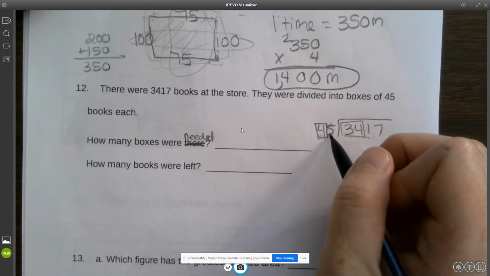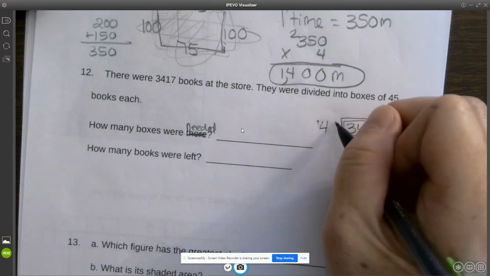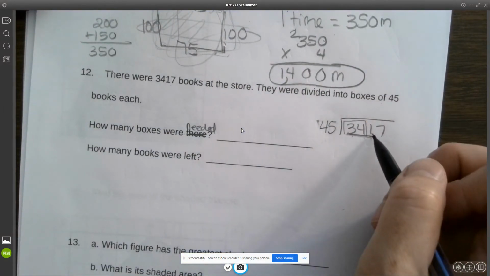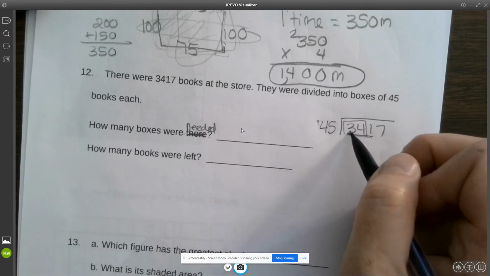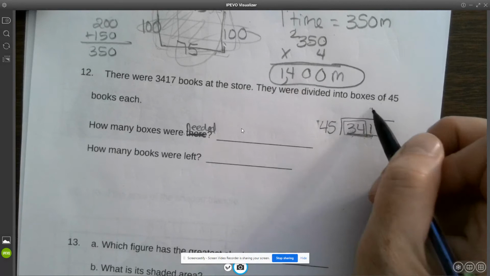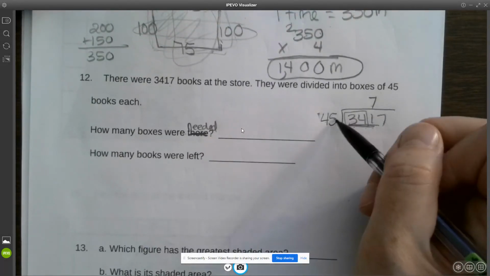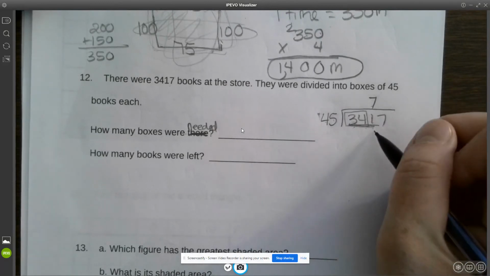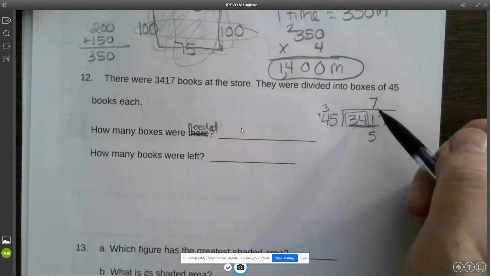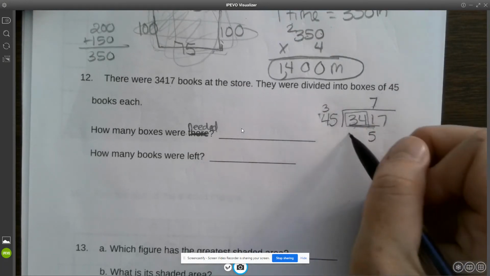So 45, let me erase this so it's clearer. So 45 into 341, I'm going to try 7 times. I'm not putting it into 3, I'm not putting it in 34, I'm putting it into 341. So my 7 will go right here. So 7 times 5 is 35, so I put the 5, carry the 3. 7 times 4 is 28, 29, 30, 31.